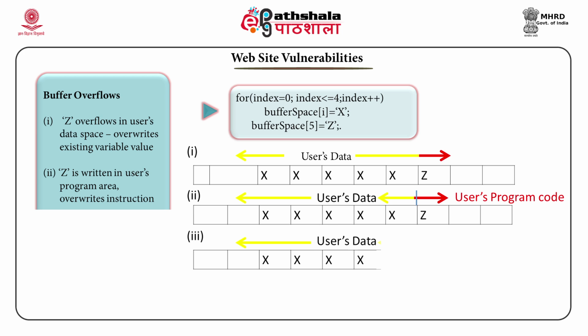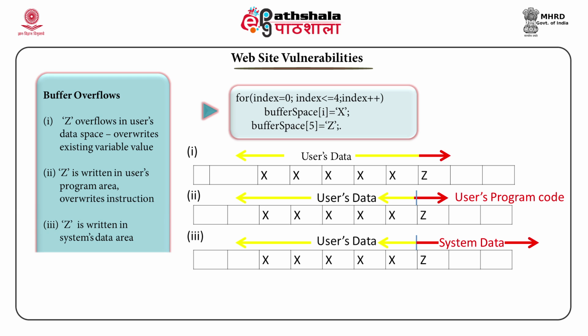The third case: when we try to write Z, it may interfere with the system's data, so it would change the system's data to give an unexpected output.